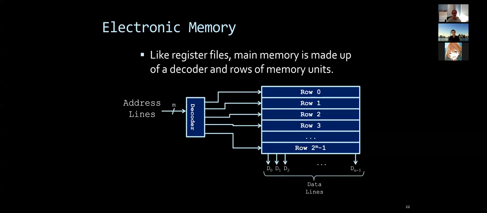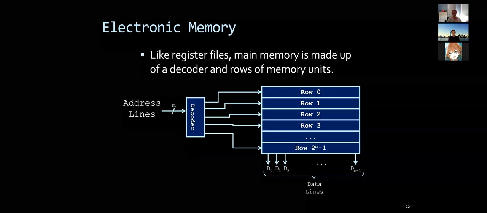Okay, the main memory, an array of memory units. So essentially the electronic memory is like register files, but the main memory is made up of a decoder and rows of memory units. The best way to think about memory organization, which again, this is a basic class, I cannot go into very low level organizations of the DRAM, but the best way to think about it, if we want a lot of memory, it better be cheap, right?